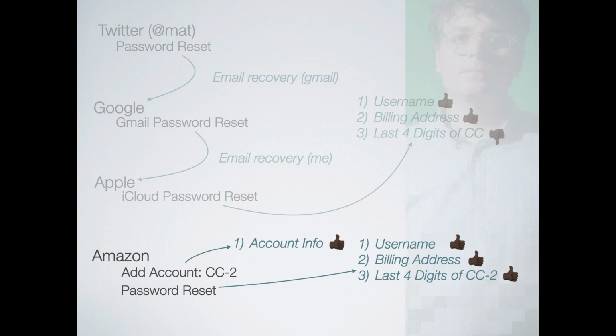Okay. So Amazon said, "Great, you must be Matt Honan. Please reset your password." So he reset the Amazon password, logged into Amazon, and then went into credit card information, and Amazon's like, "We have 2 credit cards on file for you."